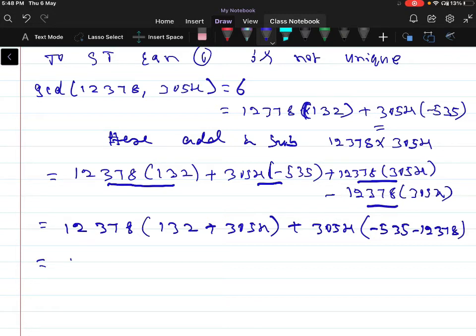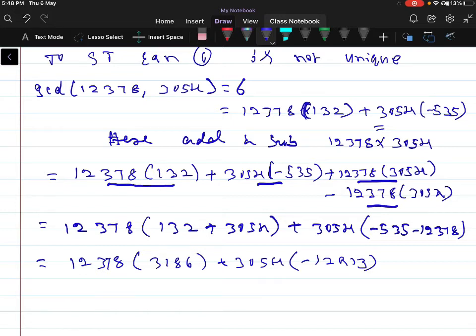So this is equal to 12378 into 3186 plus 3054 into minus 12913.